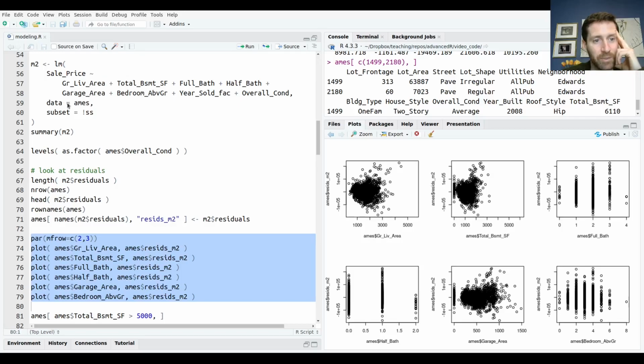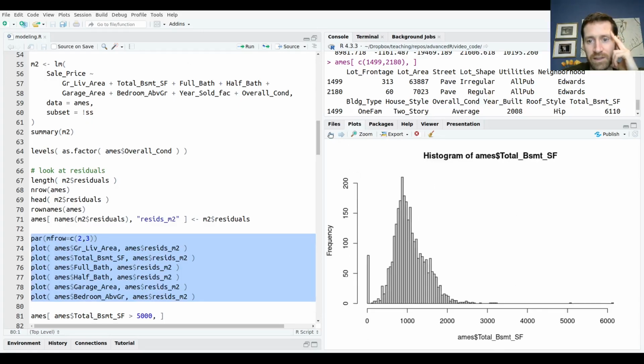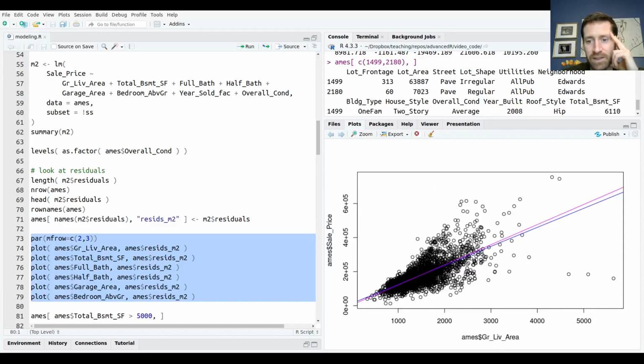On these first two, and maybe even this one as well, it does kind of look like there's a quadratic pattern here. And I think that was, if you go back, that is kind of reflected here. There's a bit of a quadratic pattern.